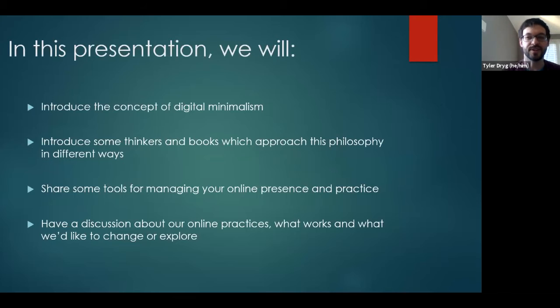So welcome to an introduction to digital minimalism. I always think it's a little bit helpful to start with an overview. So my goals in this presentation are to introduce the concept of digital minimalism, talk a little bit about what it is and why it's helpful. And then it's a pretty new but broad area of study.